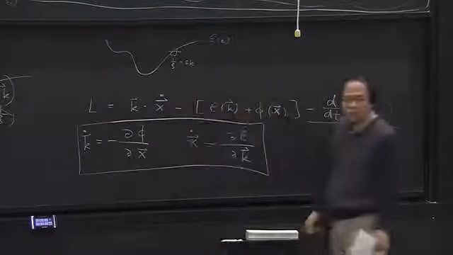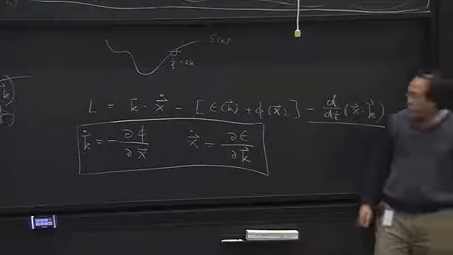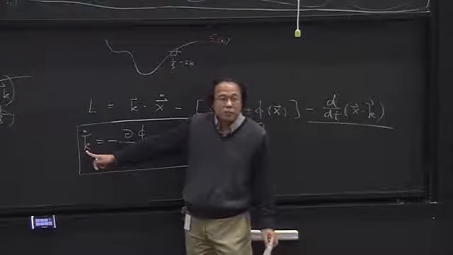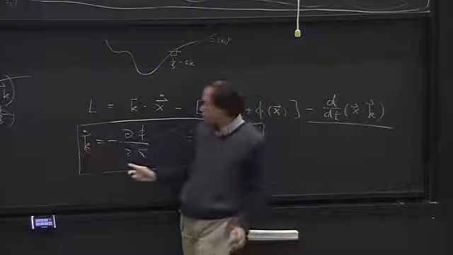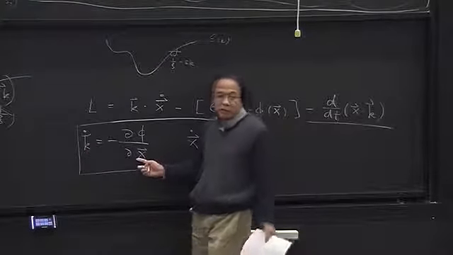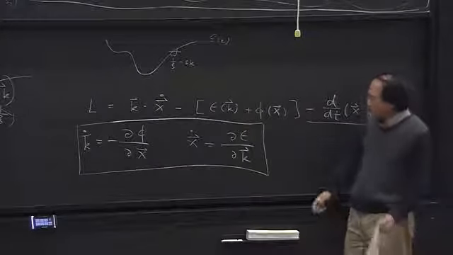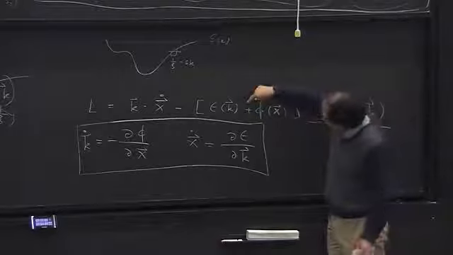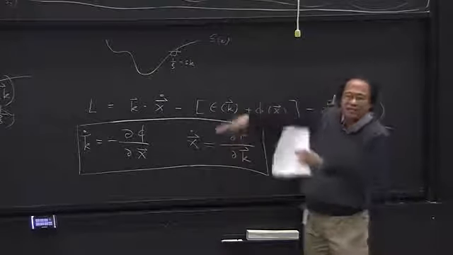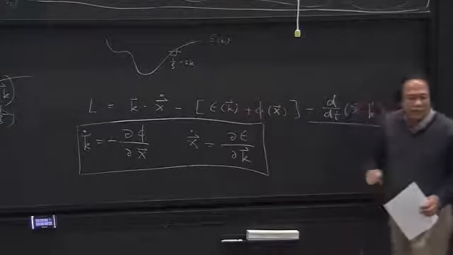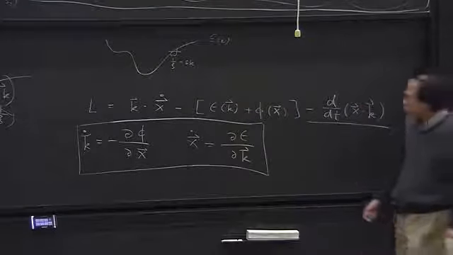This equation is very familiar because k is like a momentum. So time derivative of momentum equals force. Partial phi partial x is a force. Actually, I skipped here. You can derive from here to here. I didn't do it, but it's straightforward because you plug in this Lagrangian into the equation and you get this result. So I won't do that.